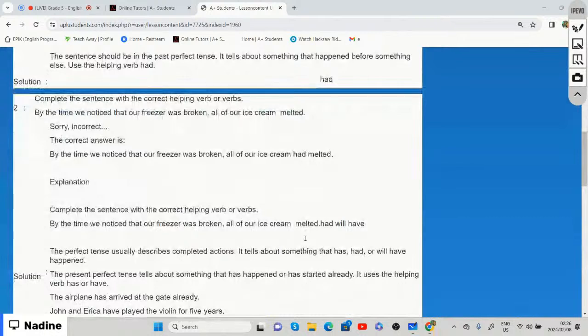We need to also complete the sentence with the correct helping verb. By the time we noticed that our freezer was broken, all our ice cream melted.